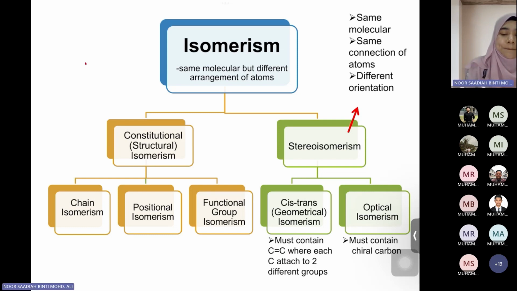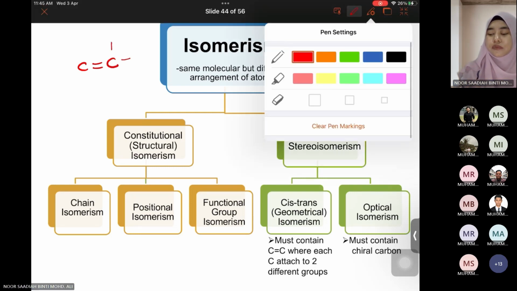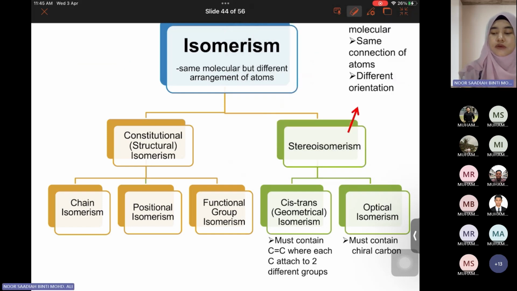Or I can redraw like this. Okay, this one. So we have carbon double bond carbon. To show the cis-trans isomerism, not all carbon double bond carbon can give the cis-trans isomers. Only carbon double bond carbon in which each carbon attaches to two different groups of atoms.